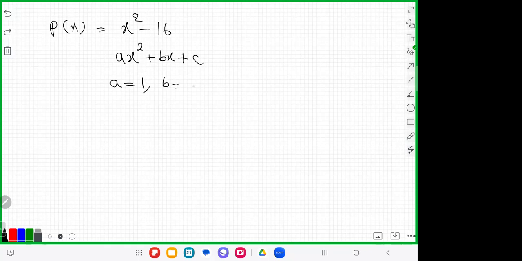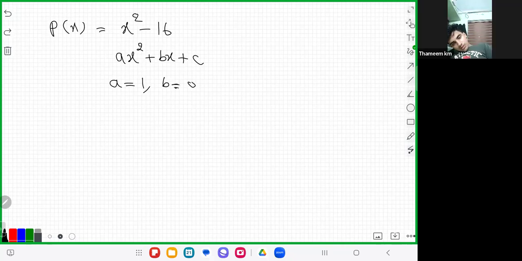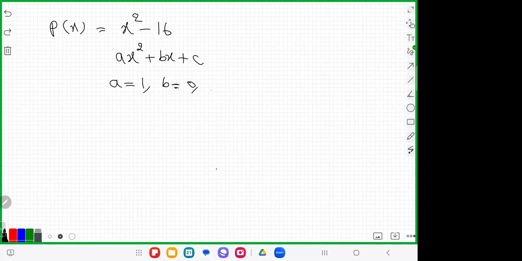Any term with x? 0. And what is the value of c? Minus 16. So a is equal to 1, b is equal to 0, c is equal to minus 16.